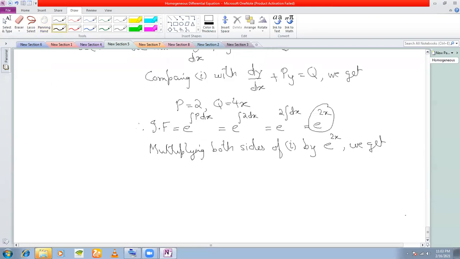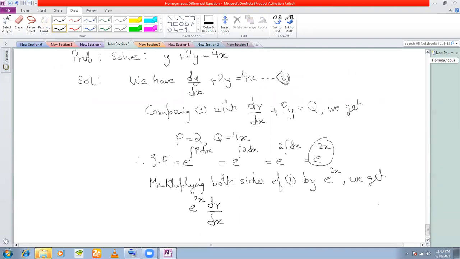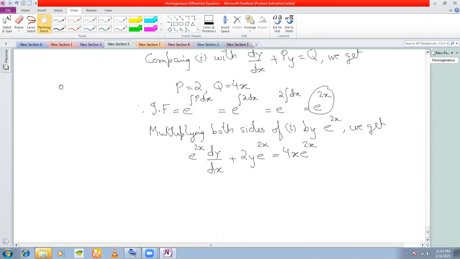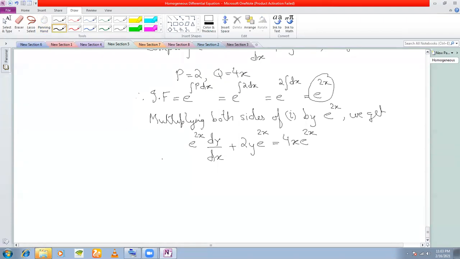We get e to the power of 2x dy dx plus 2y e to the power of 2x is equal to 4x e to the power of 2x, isn't it? Shall we get this or not?